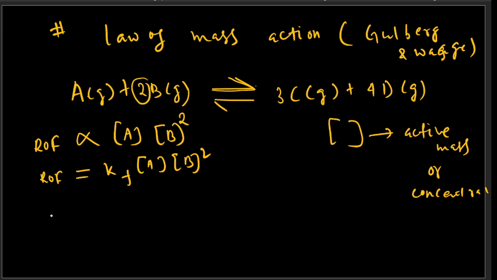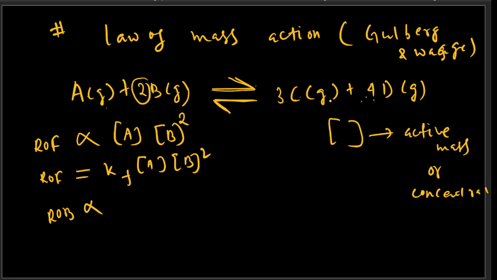Similarly, the rate of backward reaction is directly proportional to the concentration of C and the concentration of D, because in the backward reaction these two are the reactants and the rate depends on the initial concentration.